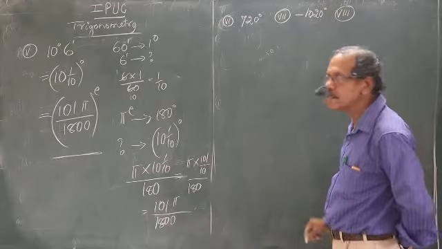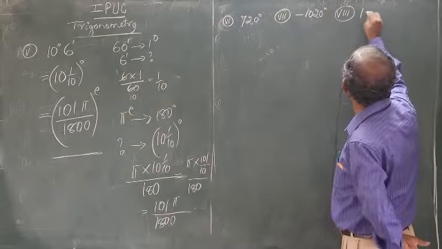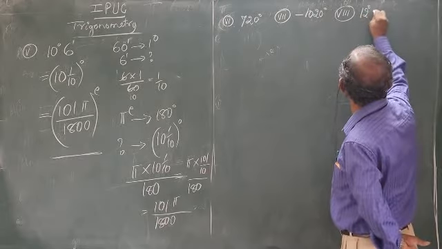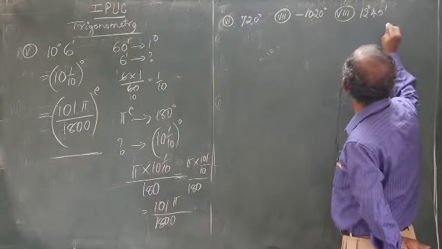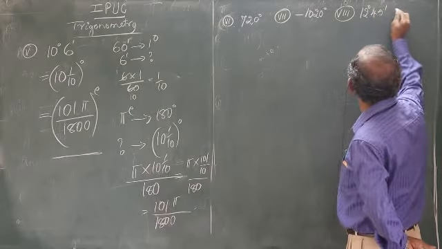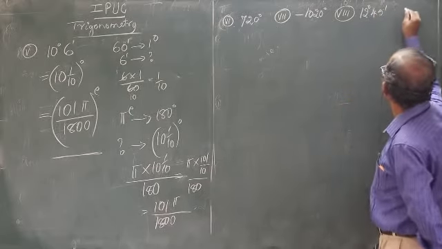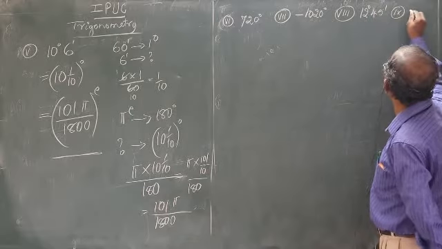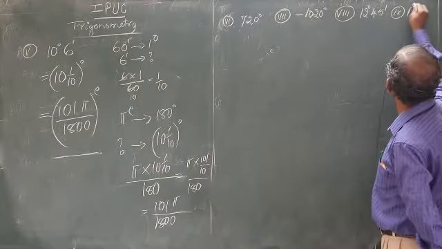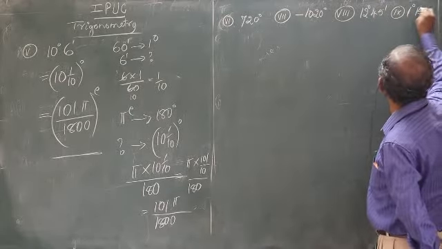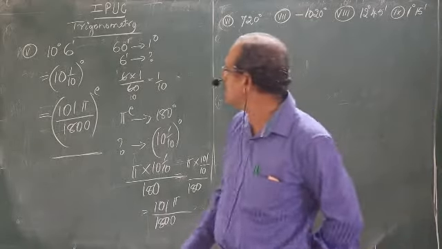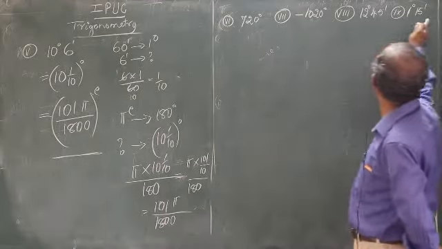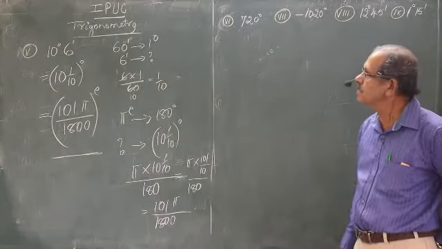Eighth one, 12 degree, 45 minutes. Last one, 1 degree, 15 minutes. Enough. Try to work out these problems at home, converting this one into radian.